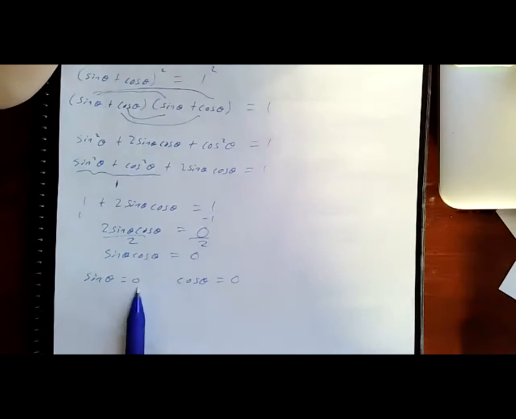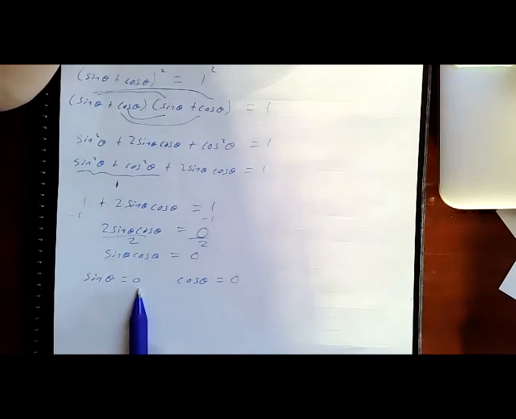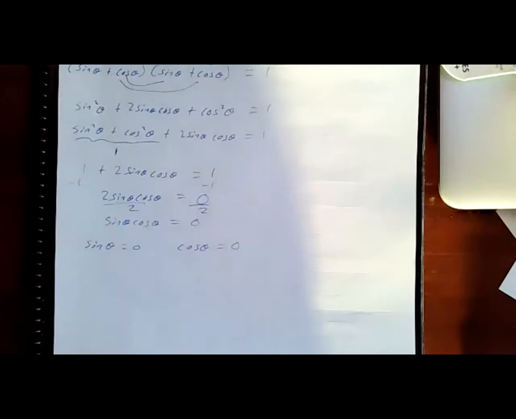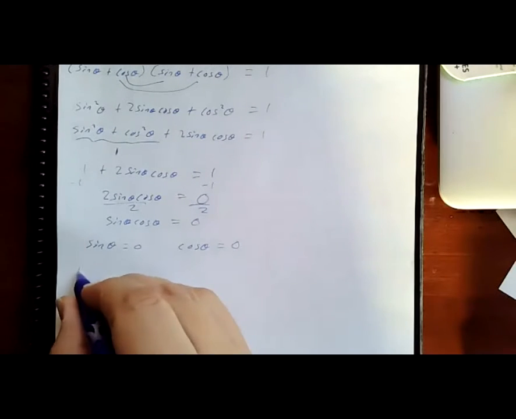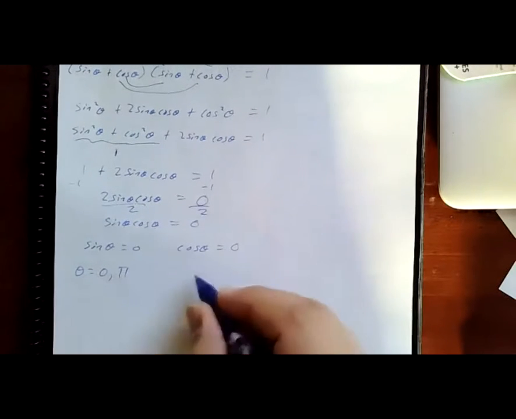So when is sine theta equal to 0? Between this interval. Right, theta will be equal to 0 and pi.